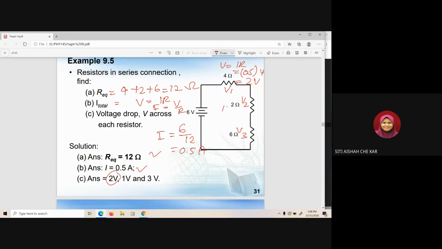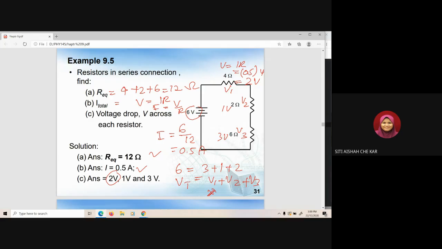This is 1 volt and here 3 volt. So 3 volt plus 1 volt plus 2 volt equals 6 volt. Actually 3 plus 1 plus 2, because we know V total is V1 plus V2 plus V3. Okay, so this is for series circuit.